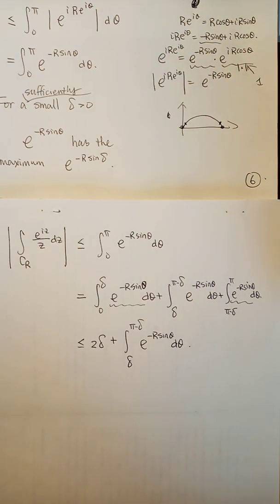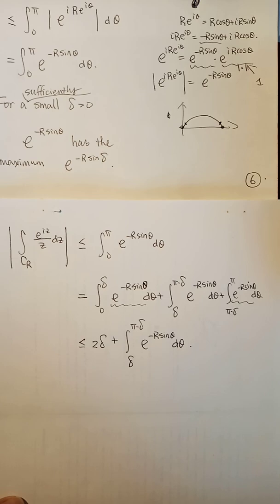Let me see if I'm making sense or not. Sine function is an increasing function. You choose a small delta. The largest possible value of exponential negative R sinθ.